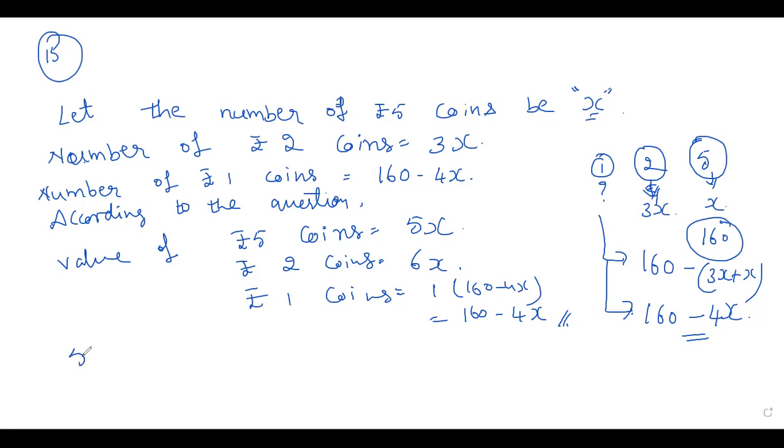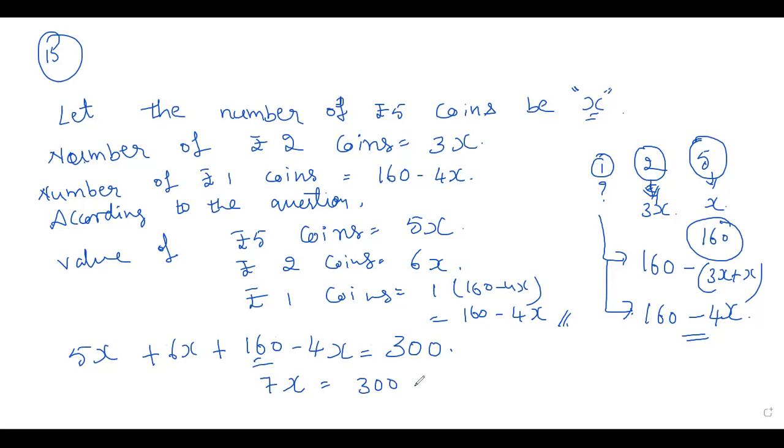Now, the sum of values. See, add all these, children. 5x plus 6x plus 160 minus 4x. What is the total amount here? It is 300. 5x plus 6x is 11x, 11x minus 4x, that is 7x, is equal to, write this 300 as it is.